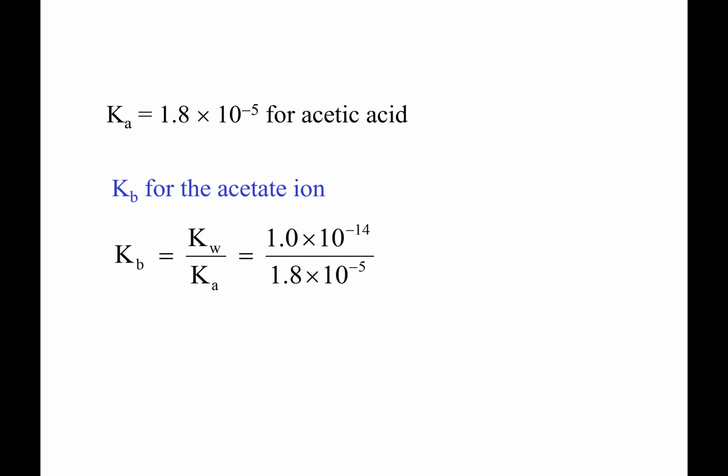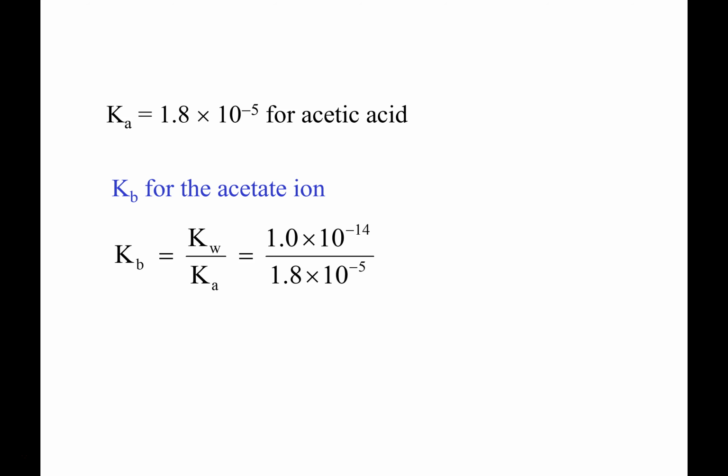In this case, since that's stronger, you're going to be given a Kb. So it depends on the strength of your conjugate acid and base in that pair. Whichever one's stronger, you get. So it's up to you to determine whether you need Kb or Ka.